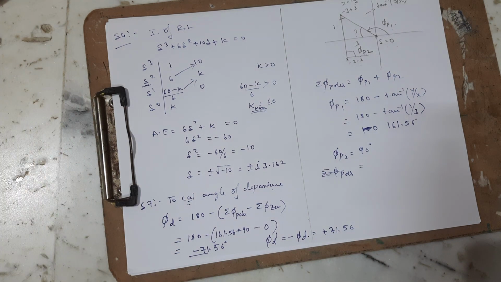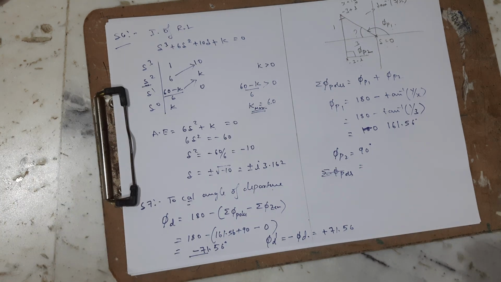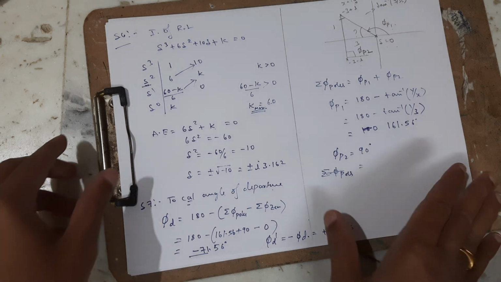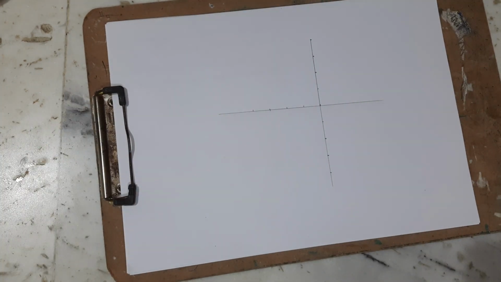So what is the next step? We have to combine steps 1 to 7 and write down the root locus. Let us start doing that. First I am going to draw the s-plane.